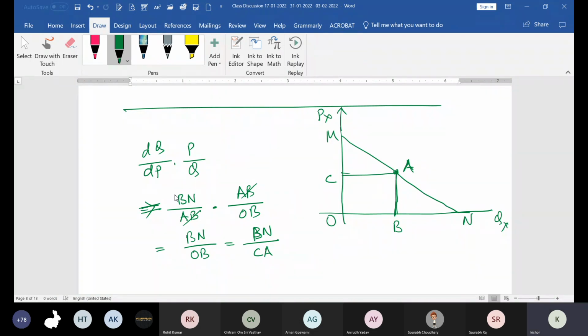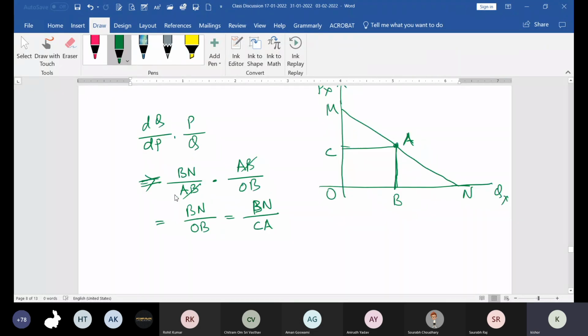Considering these two triangles, instead of BN by CA, you can very easily write AN by MA.